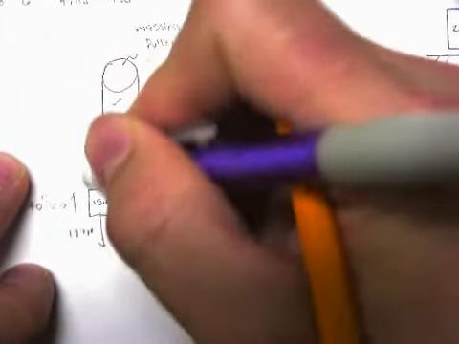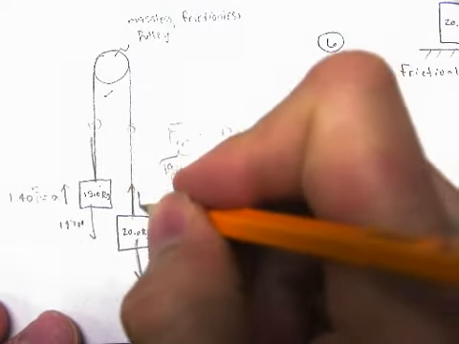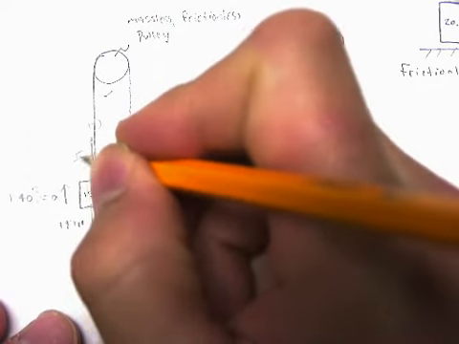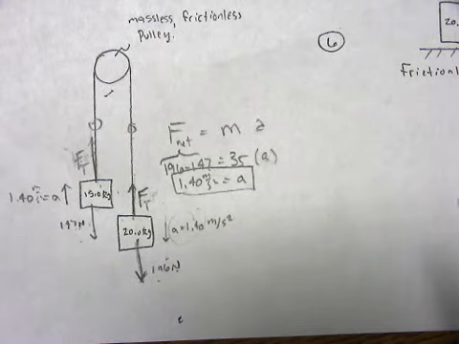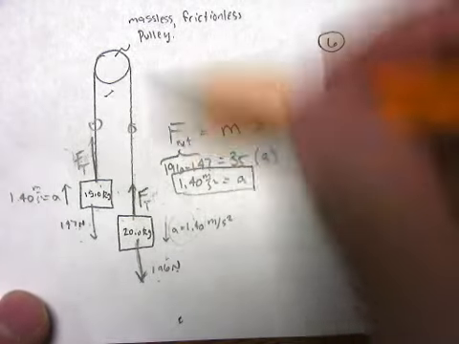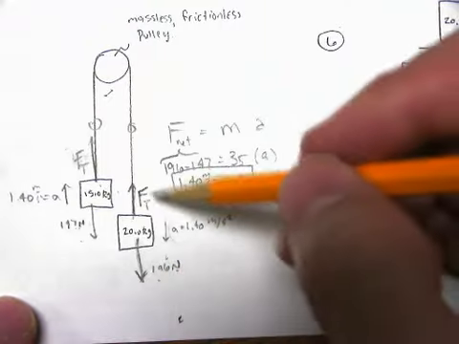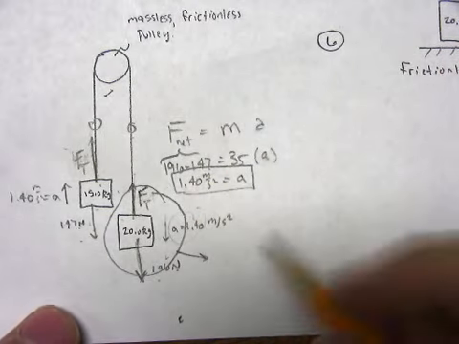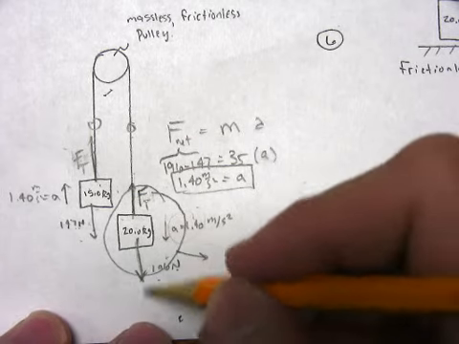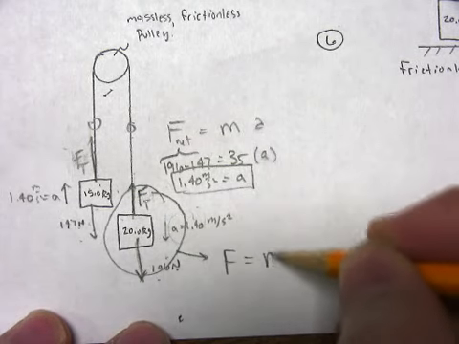To find exactly what it is, let's just give it a variable. I'll call it the force of tension. It's the same in both cases. Now, instead of looking at the whole thing, I'm only going to focus on one of my blocks. In one of my blocks, I have a down force and an up force. So F equals ma.